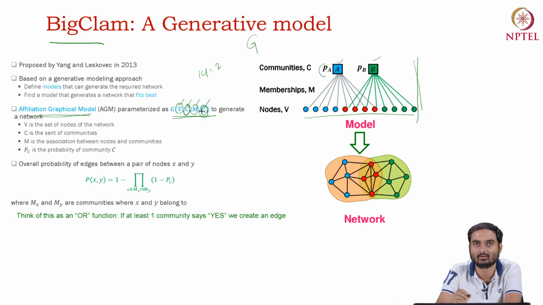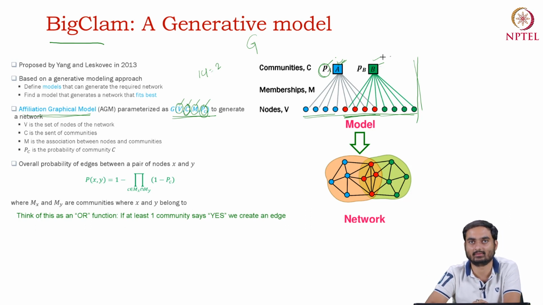PC is the community centric metric. So, PA is the probability of a node belonging to community A, PB is the probability of a node belonging to community B. And let us assume that we know these 4 sky blue nodes belong to community A with probability PA. Each of the nodes belongs to community A with probability PA. Each of these green nodes belongs to community B with probability PB, and these red nodes belong to both A and B with probability PA and PB respectively.